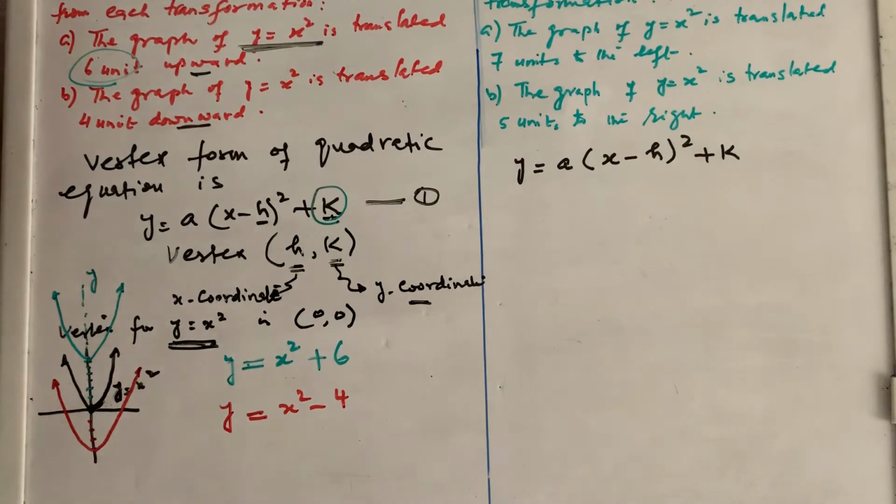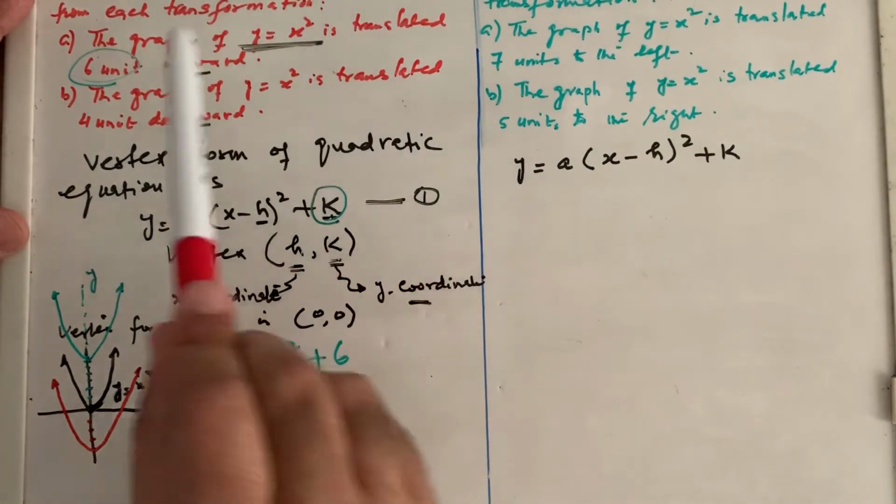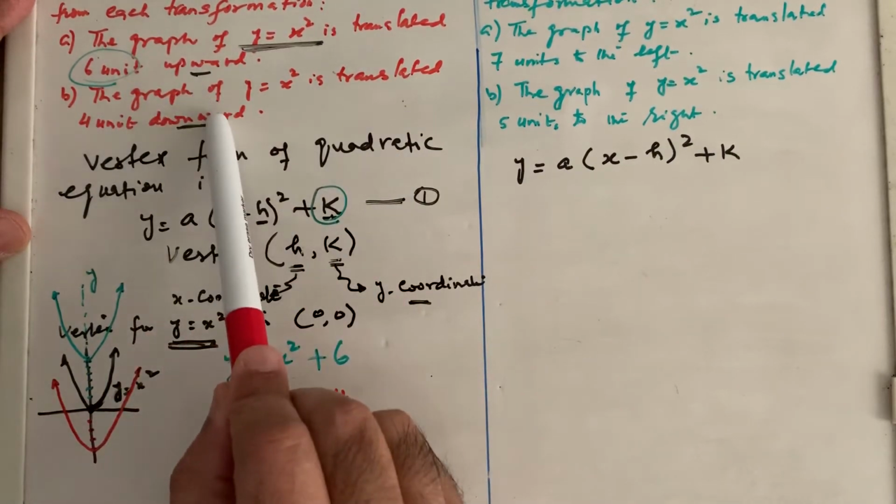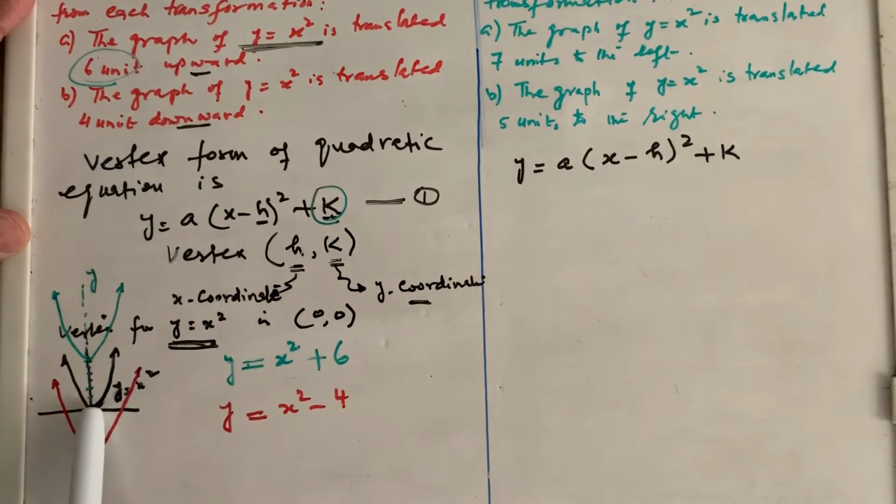And this particular question is translating 6 unit up in the A part and 4 unit down in the B part. So this was my y is equals to x square. So 6 unit up, it translated, that means my k value is 6, right? Because my vertex in this case here will be 0 and 6.